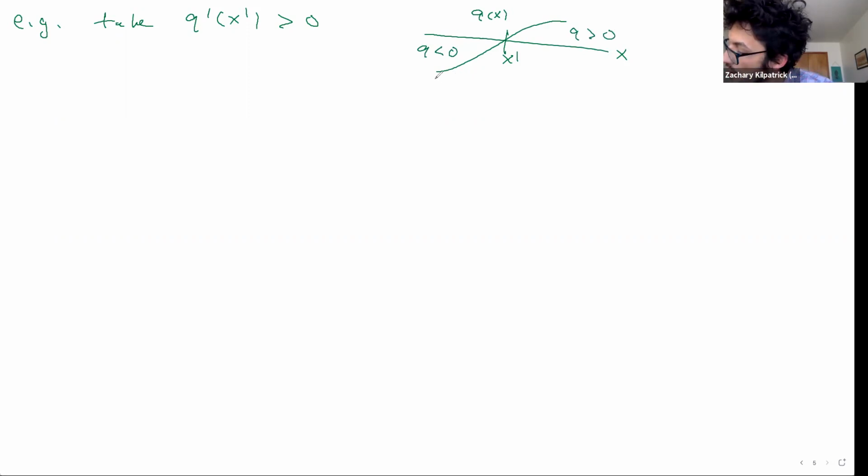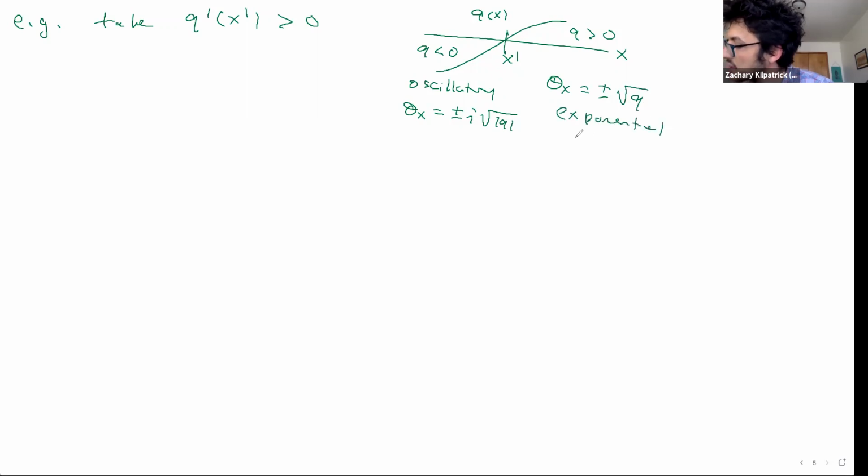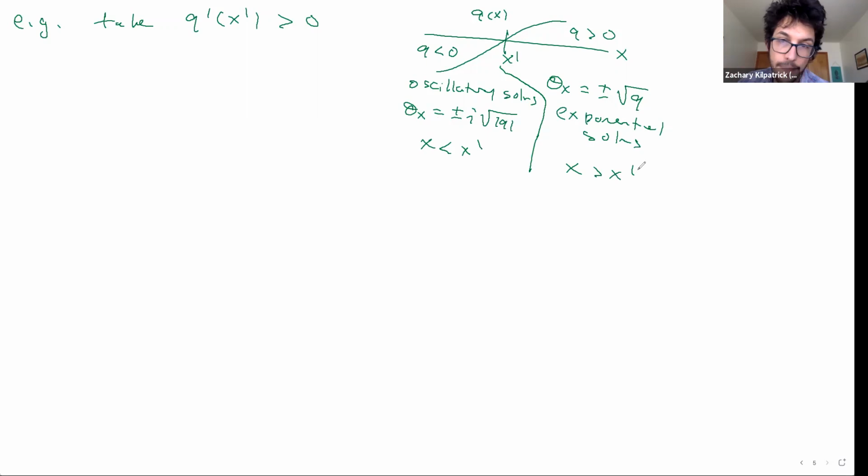And so we are going to have oscillatory solutions over here, because theta sub x is going to equal plus or minus i square root of the absolute value of Q. And over here theta of x is going to be plus or minus square root of Q, and they're going to be exponential solutions, for x less than x prime on one side and x greater than x prime on the other. We're going to connect these together, and we'll see how that matching process happens.